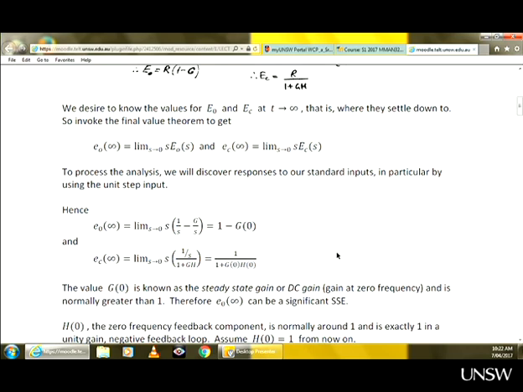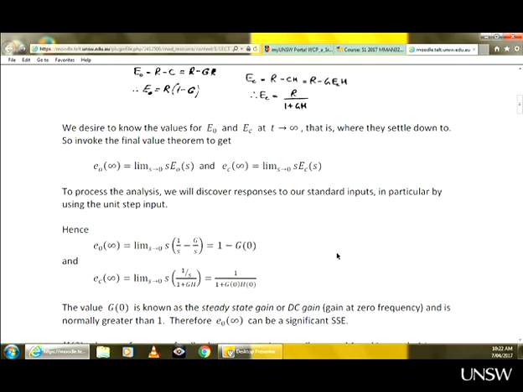In this case, R would be 1 over S. So we have S times 1 over S minus G over S. That is equal to 1 minus G of 0.